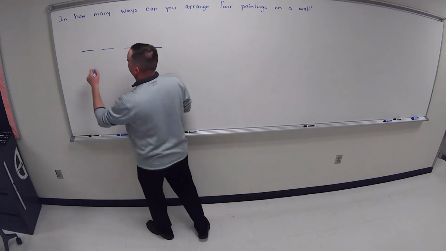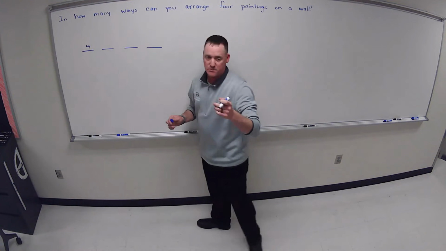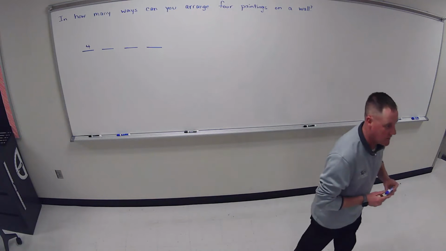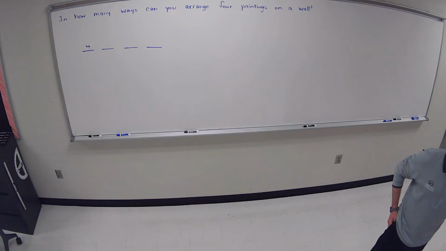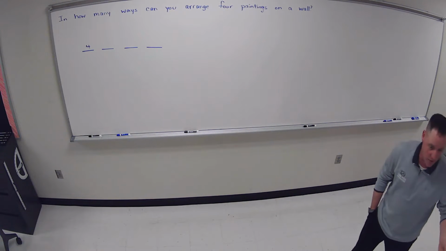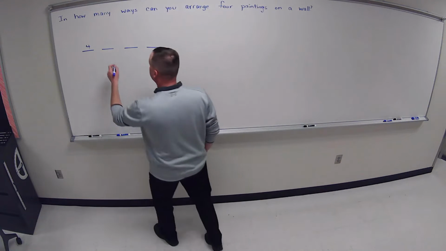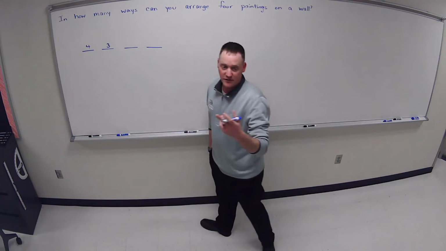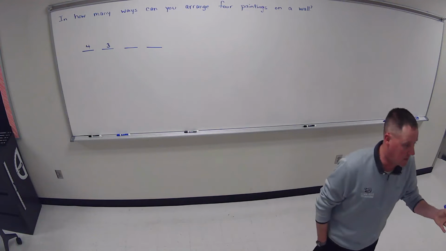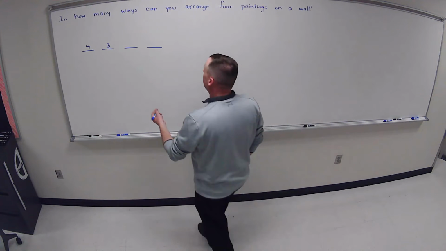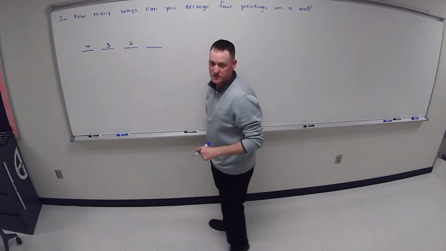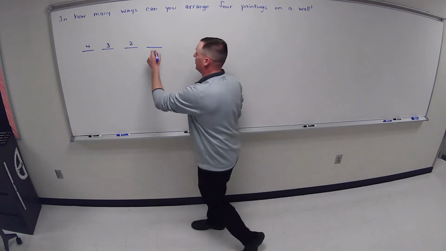Ultimately, I have 4 choices for the first painting that I'm going to put up. Okay? After I put the first one up, how many choices do I have for the second one? Now I only have 3. Okay? After I put the first 2 up, then for my third painting I've got 2. And then I get to the last spot, and how many choices do I have? I just have a total of 1.